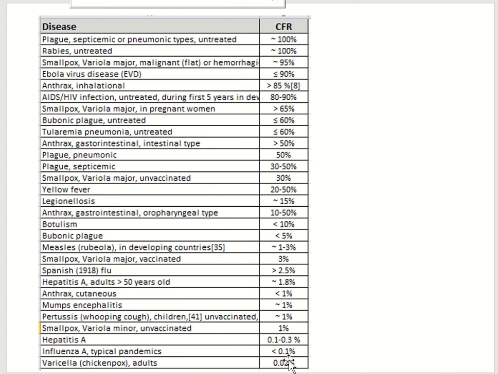So that will give you an idea of how much of a killer a disease is. And you can compare. You can look at anthrax, for example. If you inhale anthrax, that's an 85% risk of dying, versus if you eat anthrax, that's a 50% risk of dying, versus if you get it on your skin, that's less than 1% risk of dying, etc. So it gives you an idea of how dangerous a disease is. You have Ebola, etc.